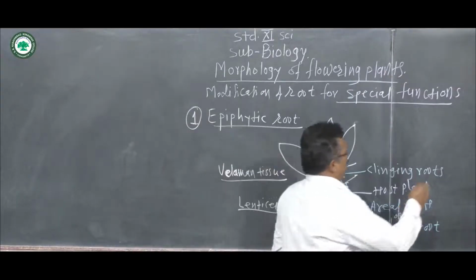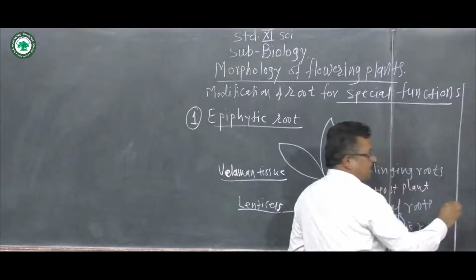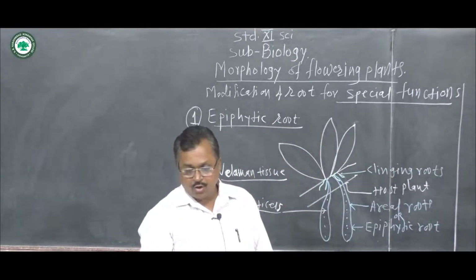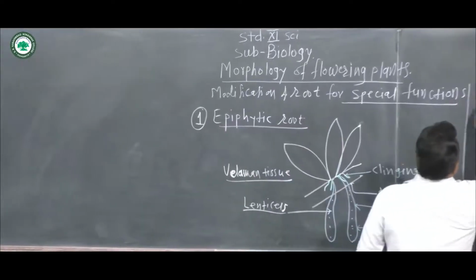Then another type of root, that is the sucking root or Haustoria, second type of root.